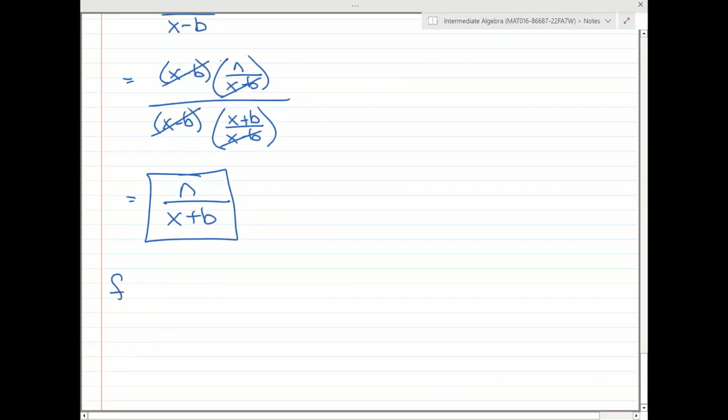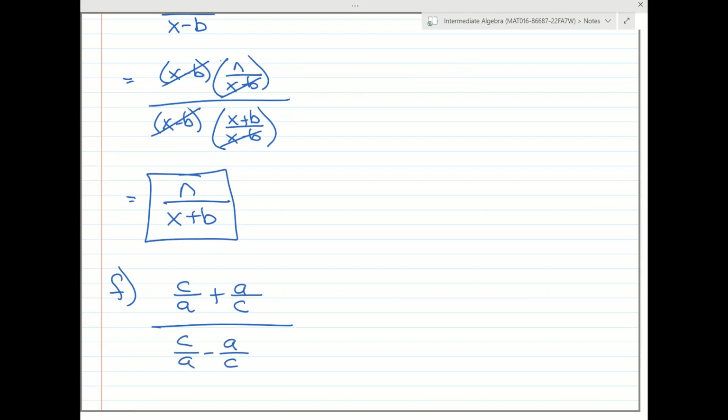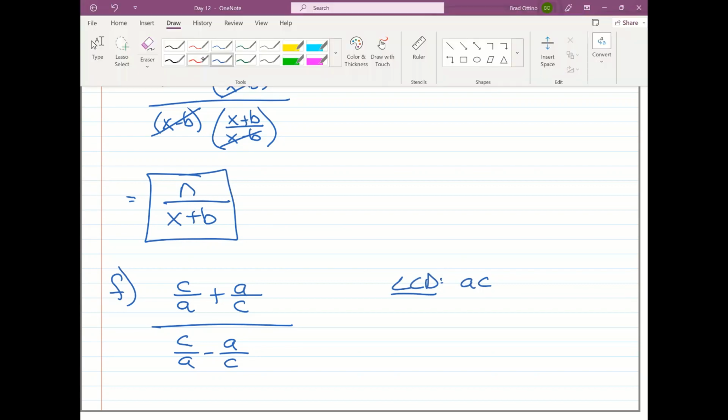One more problem from this section. It says c over a plus a over c, all divided by c over a minus a over c. Looking at all of our denominators, we need an a and a c. So I'm going to multiply that times the top and bottom.